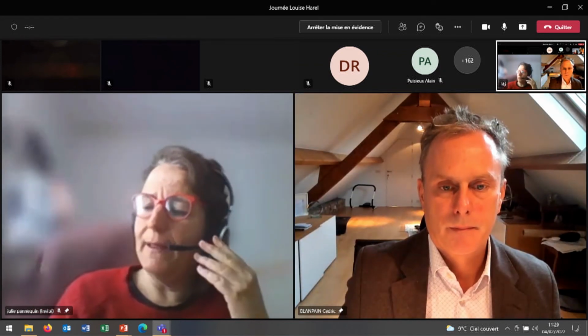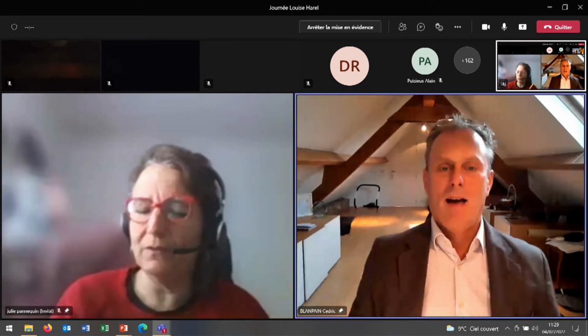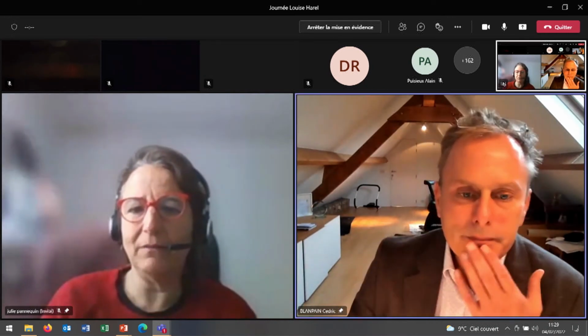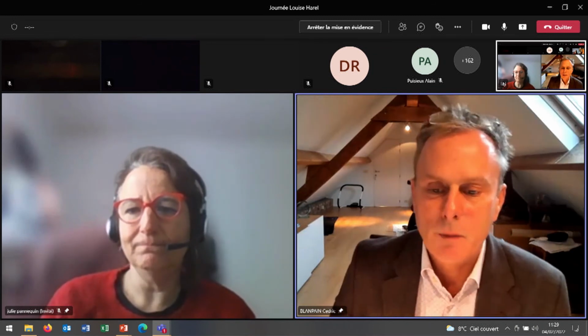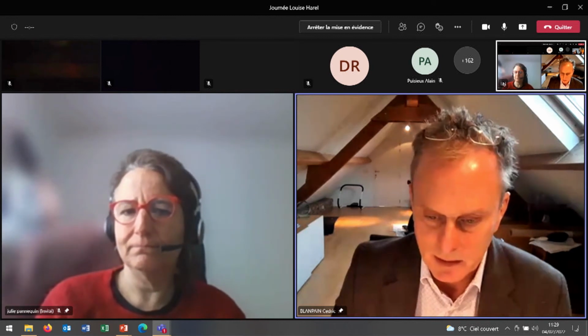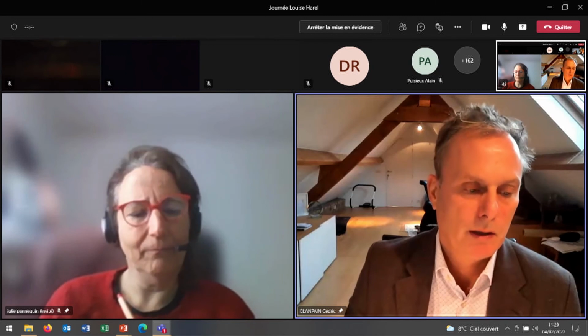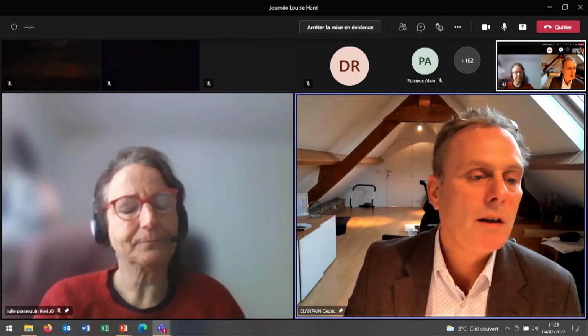And for NR2F2, what would be the ideal combination? That's also the very interesting thing about this receptor. First, there's a very broad range of tumors that express NR2F2. There's not only squamous cell carcinoma.